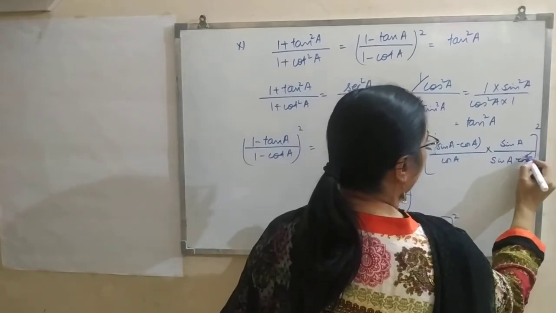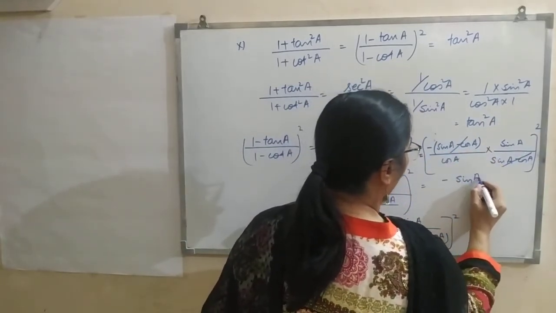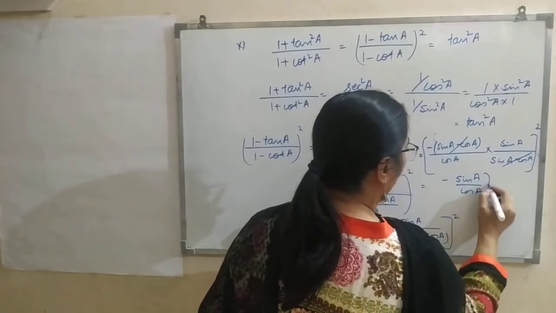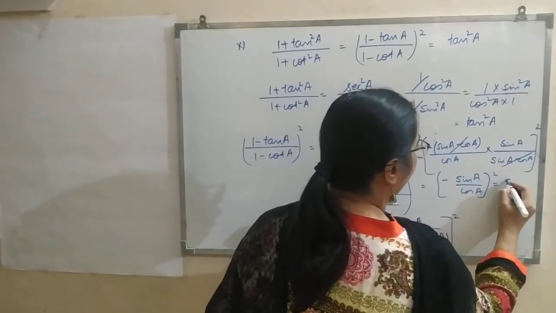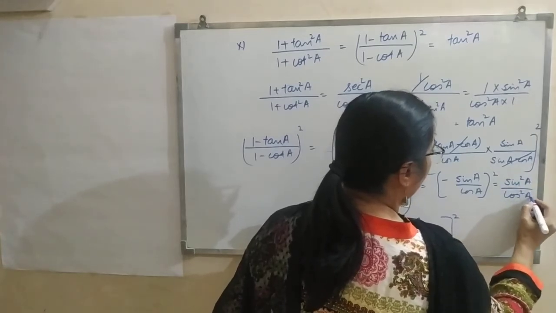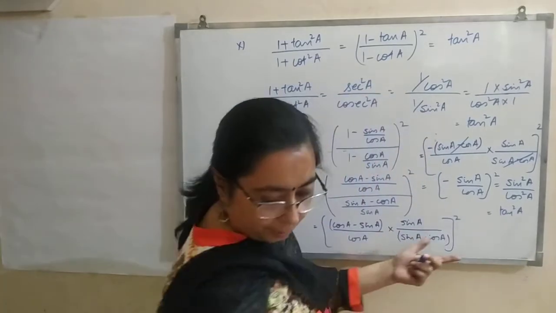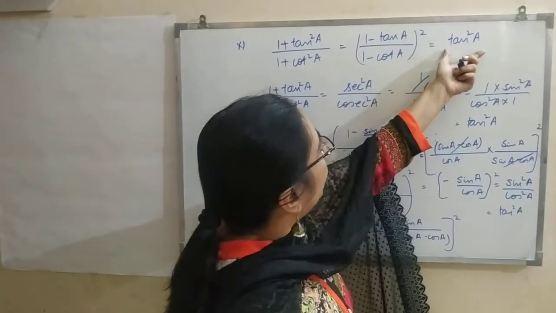When this term cancels, you are left with negative of sin A upon cos A, with whole square. When you square it, it becomes sin square A upon cos square A, which is equal to tangent square A. So all the three parts we have proved are equal to tangent square.